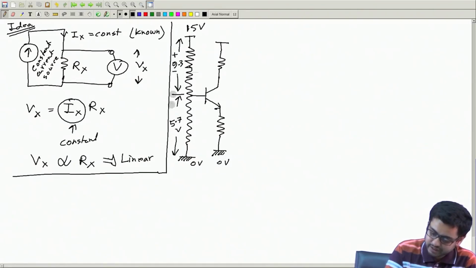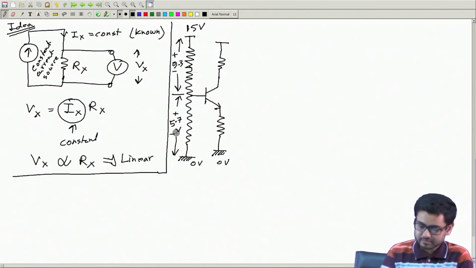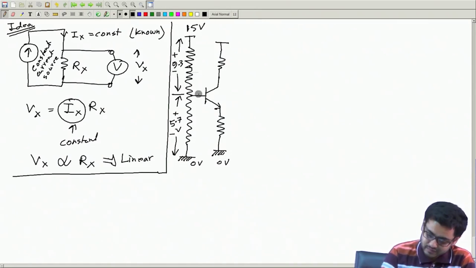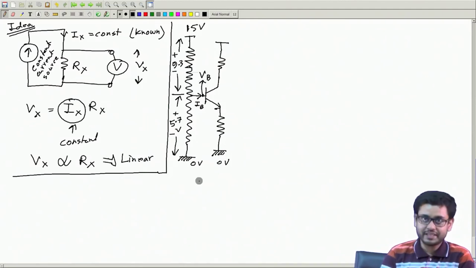Plus side, minus side, plus side, minus side. Okay, so this gives me 5.7 here. This current you call IB. This point you call VB, voltage.